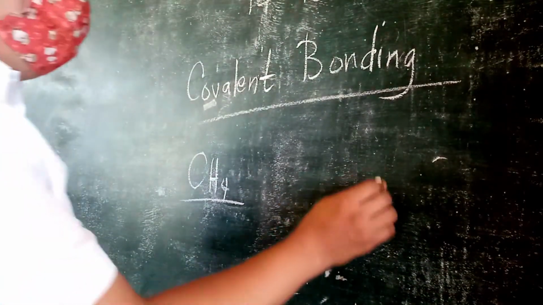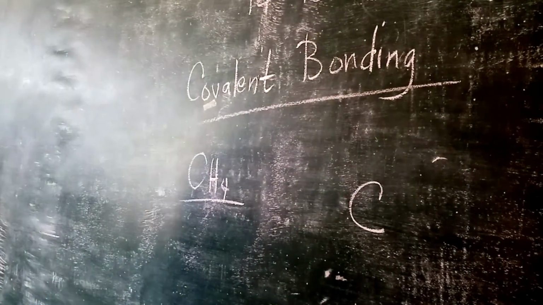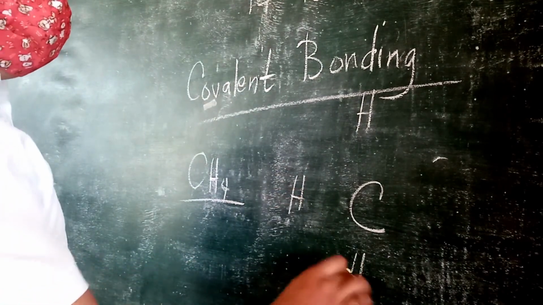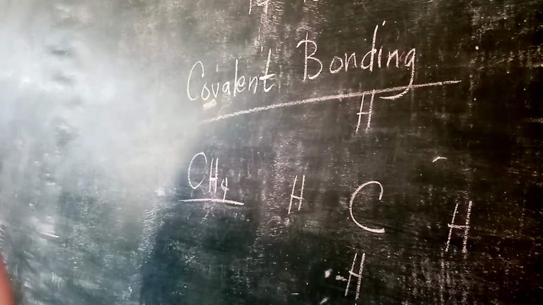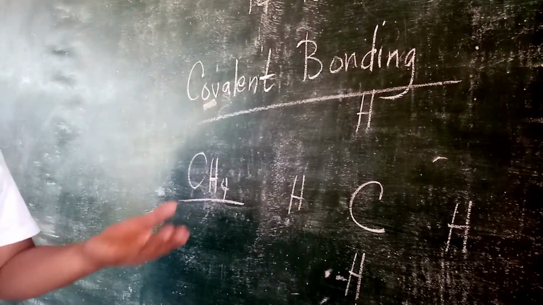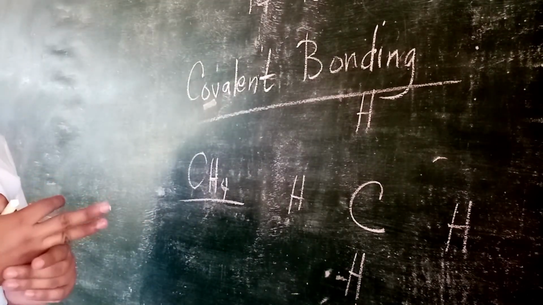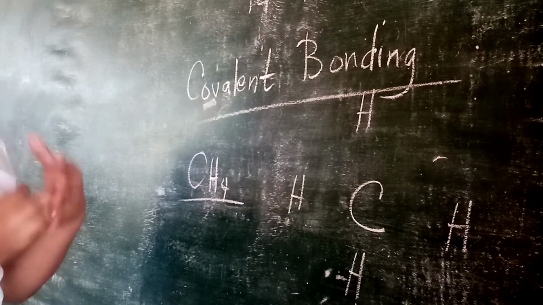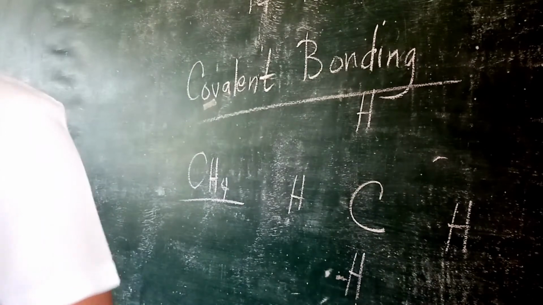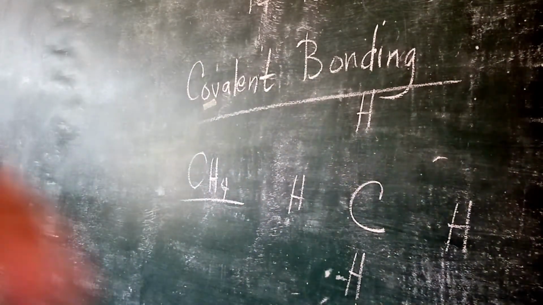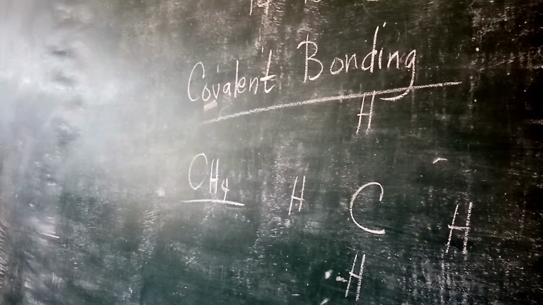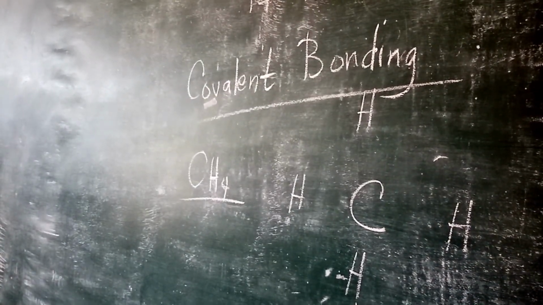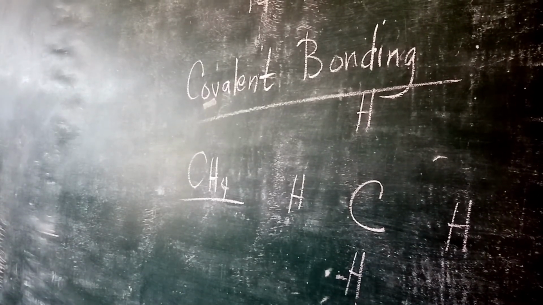So we have here carbon, and then we have 4 hydrogens. For that to be stable, carbon should have 8 valence electrons. Helium and hydrogen are an exception to the rule. For them to be stable, hydrogen or helium only needs two electrons. They are an exception to the octet rule.